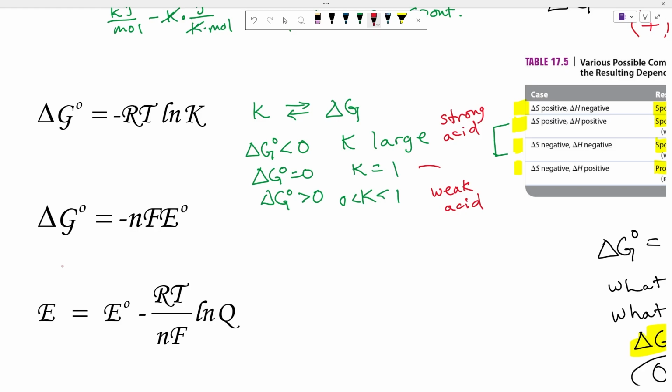All right, on to the next one. This basically relates the delta G to the cell potential, where N is the number of moles of electrons transferred, which you would obtain from the redox equation. For example, the copper-zinc cell, copper 2+ plus zinc, yields copper metal plus zinc 2+.